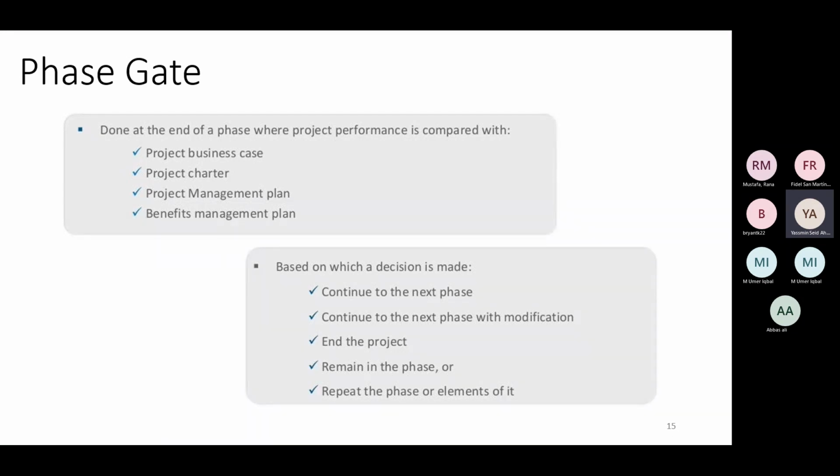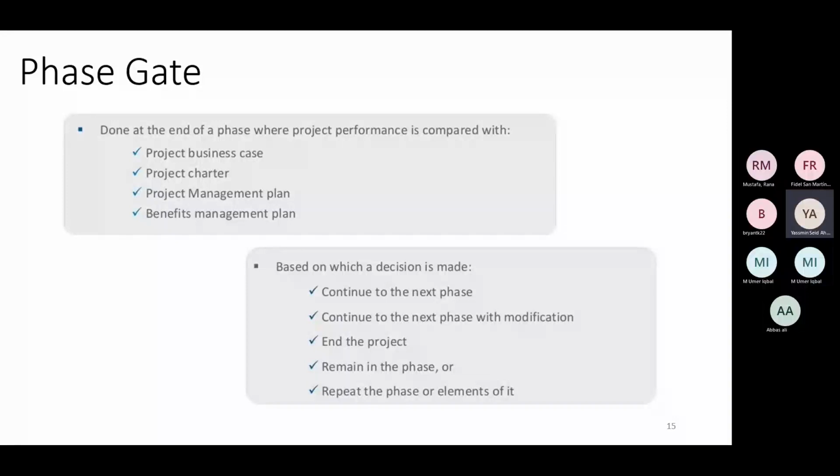Okay, guys? So one more time for the phase gate, sometimes in the exam it is called the kick-off point. Okay? For the question, it can say phase gate, or it can say kick-off point. For the phase gates, at the end of each phase, we have something called the phase gate. At a phase gate, we review what we have done in this phase, whether we implemented everything correctly, whether we are following the plan or not.